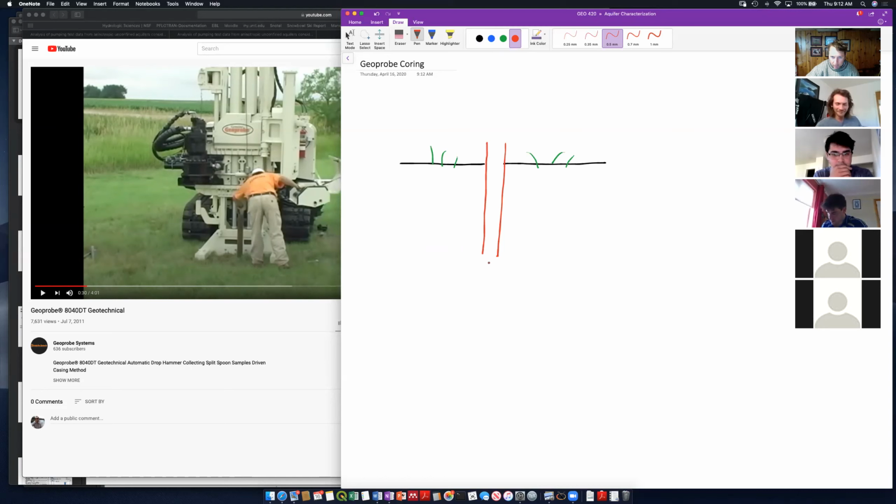And at the tip of that, there's two ways we can drive a geoprobe, but most of the time we've just got a drive point. It just comes down to this circular drive point. When we hammer on our drill stem, we're just shouldering away all the sediment and rocks around this drive point and driving our stem down.